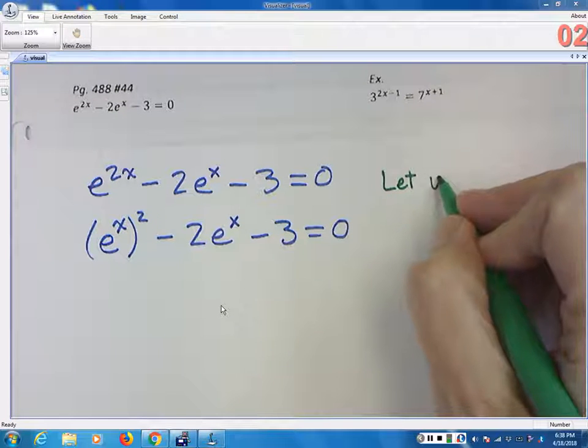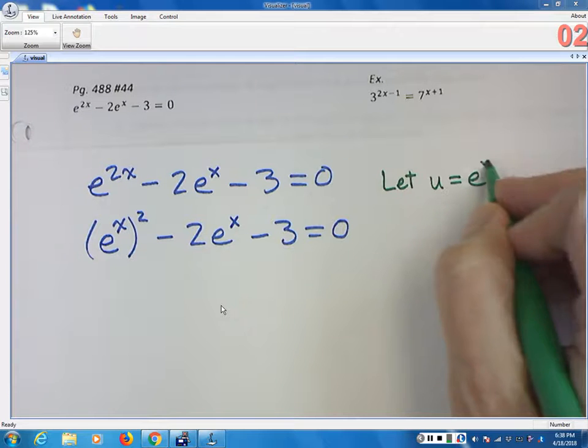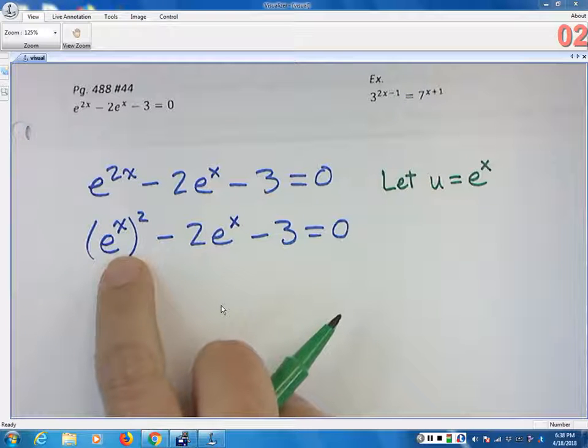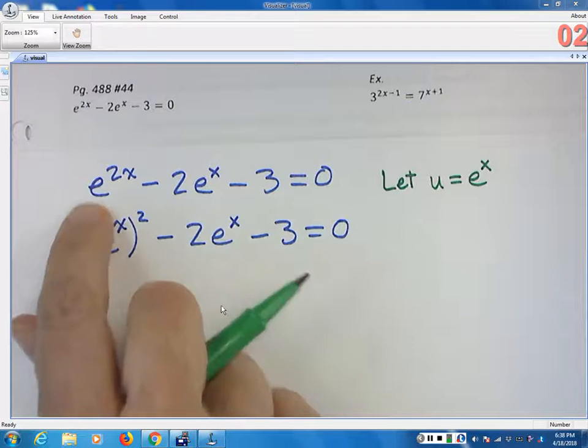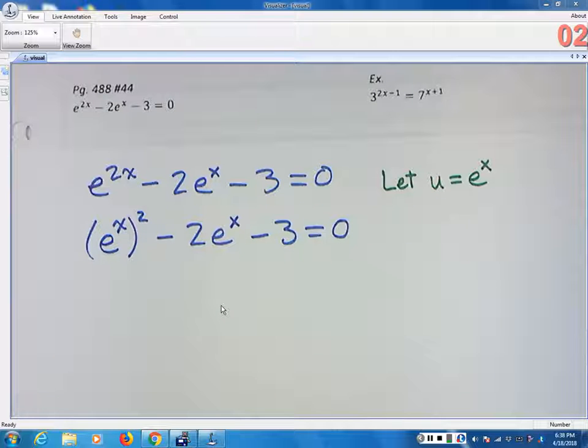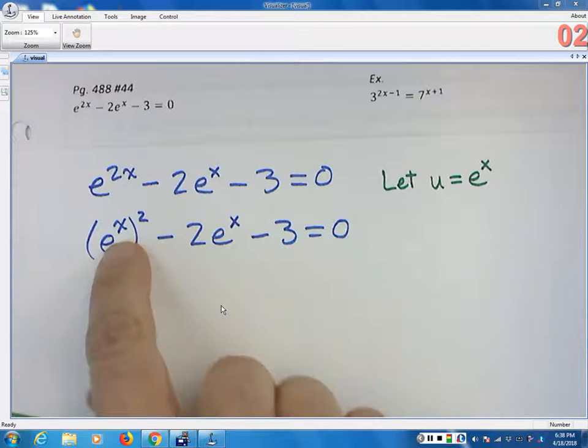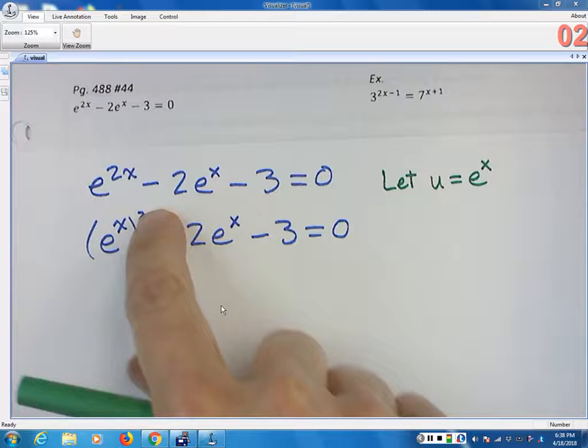Let u equal e to the x. Does everybody understand why e to the x squared is the same as e to the 2x? That was the power to power rule of exponents. If you're taking e to the x raised to the second power, you multiply.